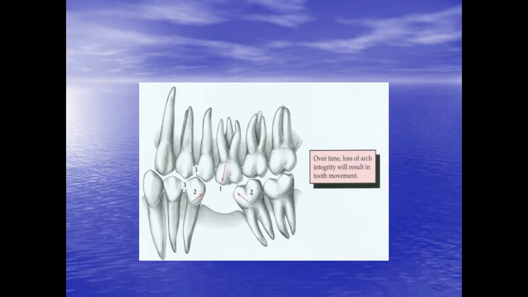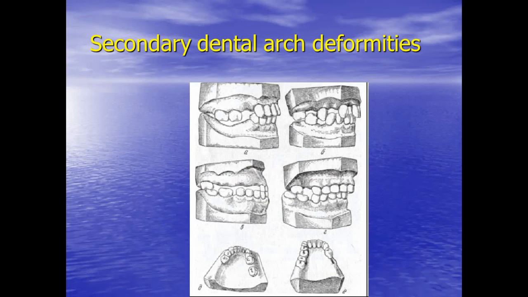And we have the loss of arch integrity and secondary deformities with displacement of teeth. And we are to correct all this, because if we do not, we won't be able to do a denture which is functioning properly.